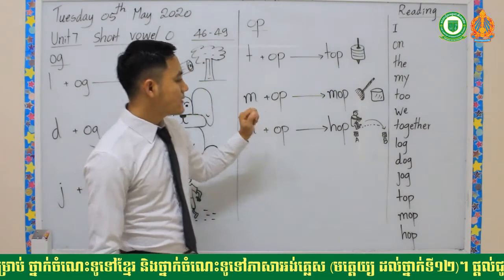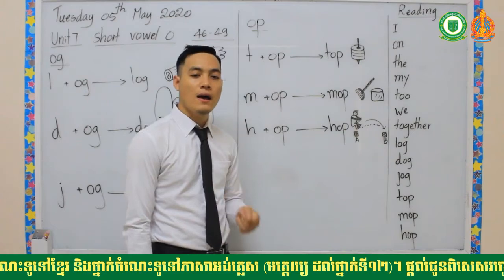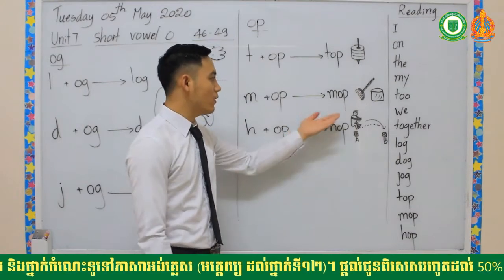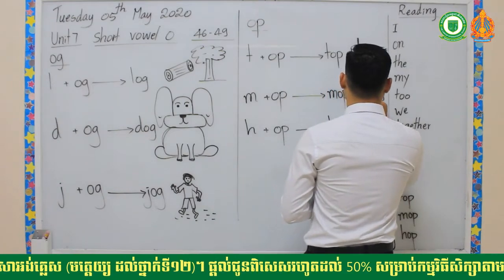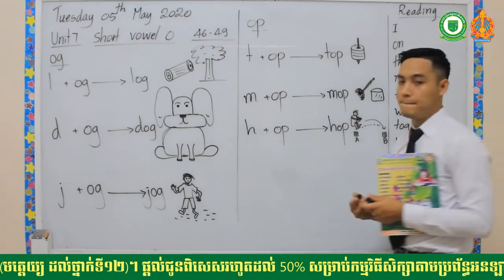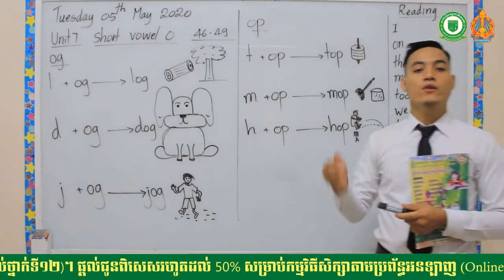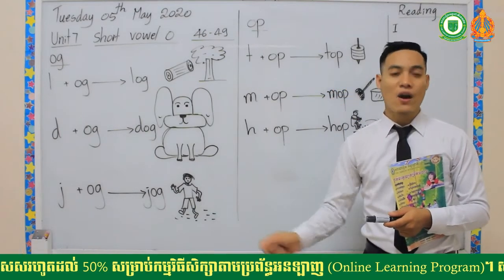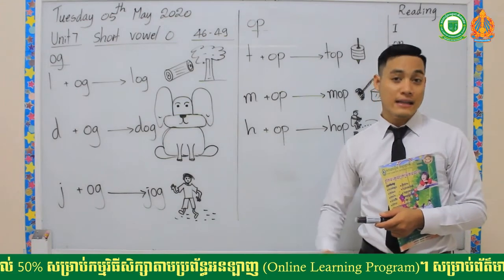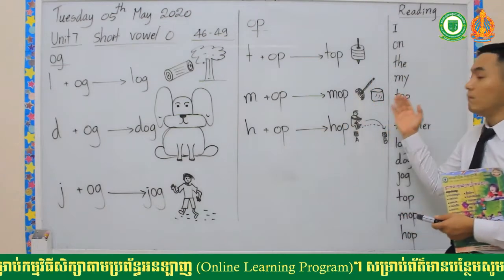And this one is mop. Do you know mop? So right here is a mop. So after you use the brush to clean your house, clean the floor, clean your room, and then you need a mop.